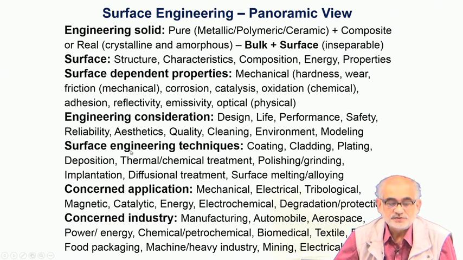So the techniques which allow us to tailor the surface dependent properties, namely the microstructure and composition, are called surface engineering techniques, and there are very many of them. The entire course is devoted to that, so we'll be discussing those in more detail.